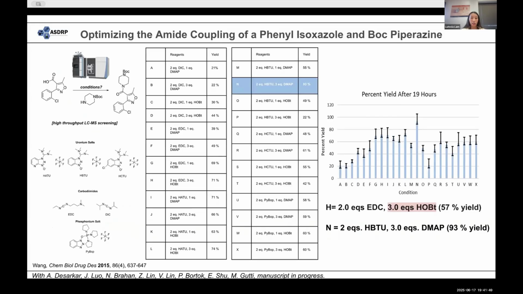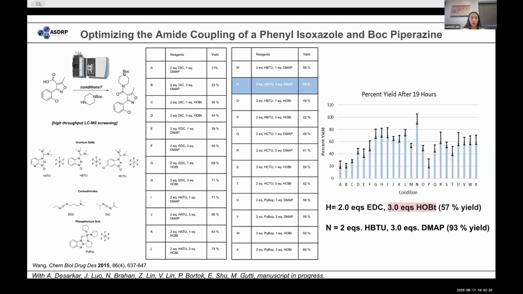So initially, the first step, the amide coupling, had relatively low yields, as well as using HOBt, which is explosive at high temperatures. So in order to circumvent this, we tested many conditions with different coupling agents and catalysts, and we found that 2 equivalents of HBTU and 3 equivalents of DMAP led to the greatest increase in yield, up to 93% on the A2P1 inhibitor.